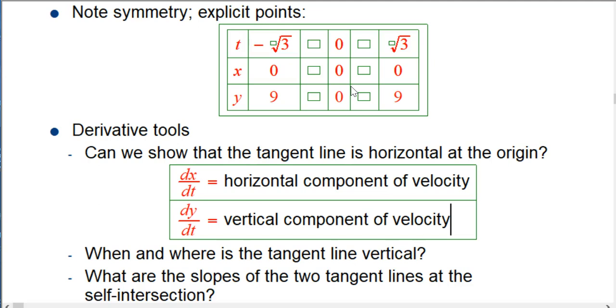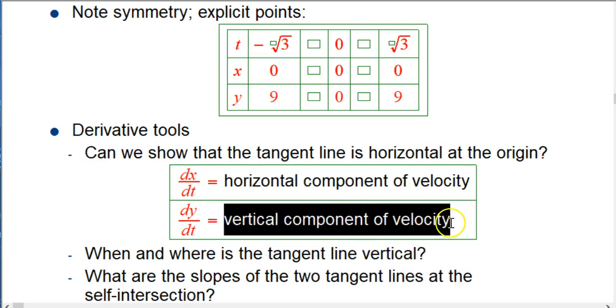Now, to just look at where the tangent line is horizontal, well, let's see. That's where you have horizontal motion. So dx/dt should be non-zero, but dy/dt should be specifically equal to 0, because you shouldn't be going vertically if your tangent line is purely horizontal.